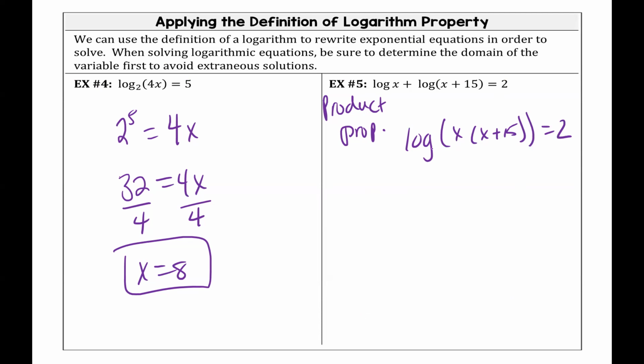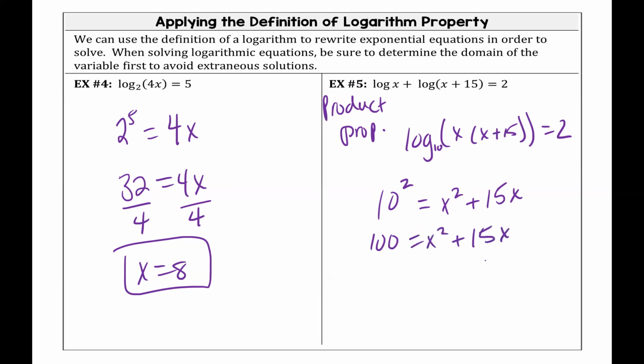Remember, when there is no base, it's common log, so your base is 10. So this is saying 10 to the 2nd power equals x squared plus 15x. And then it becomes 100.